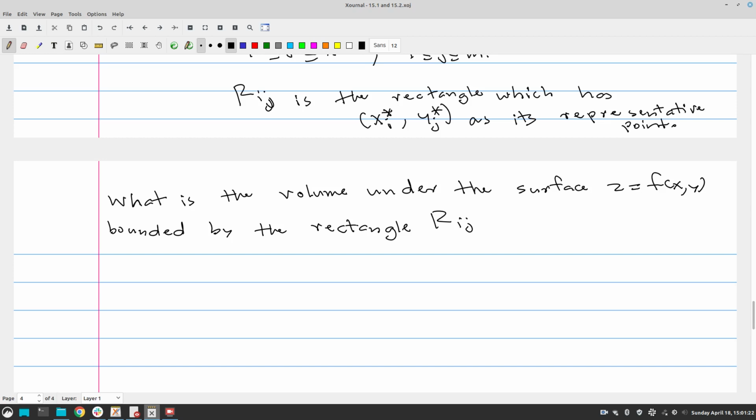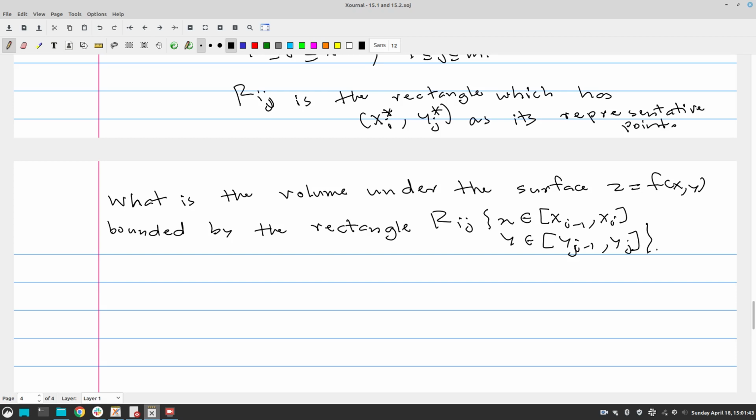By Rij, of course I mean x has to be between x(i-1) and xi, and y has to be between y(j-1) and yj.